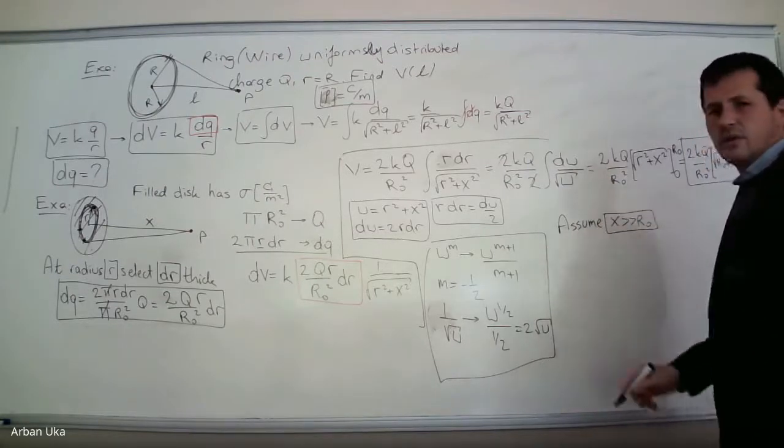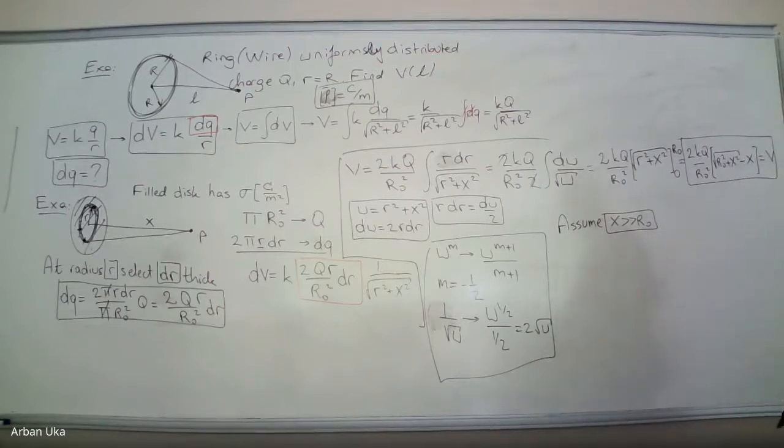So often we may have to use these approximations to see how the values are changing. So if x is much larger than r0, what we can do for this is that we can factor out the x here.